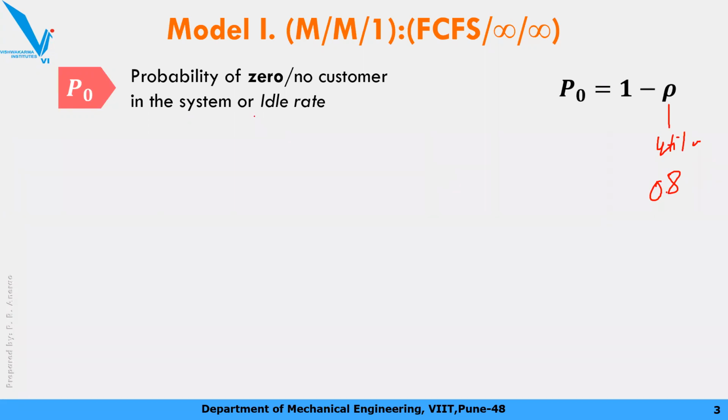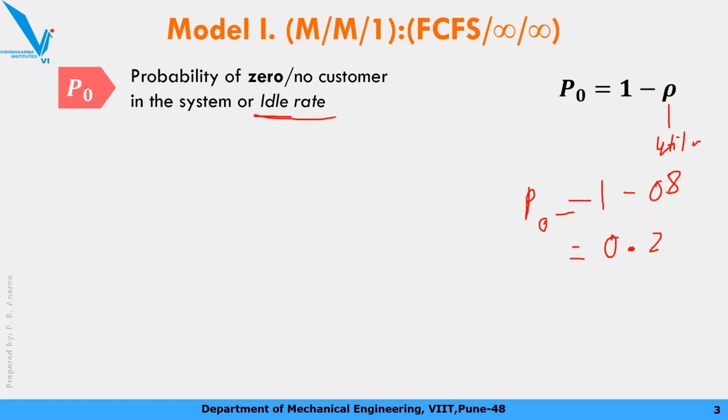So idle rate, कितना time वो खाली बैठा है, the system is idle. So 1 minus 0.8, that means 0.2, or 20% of the time the system will be idle. Means there are no customers in the system.